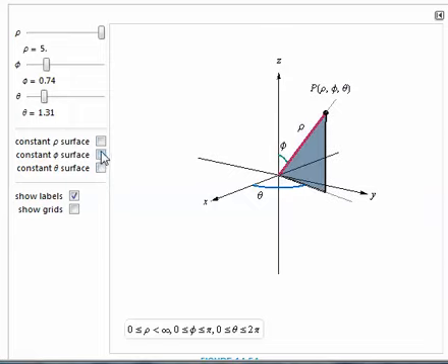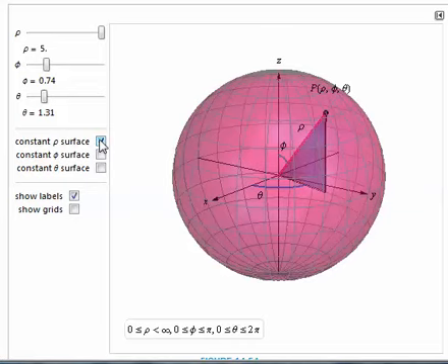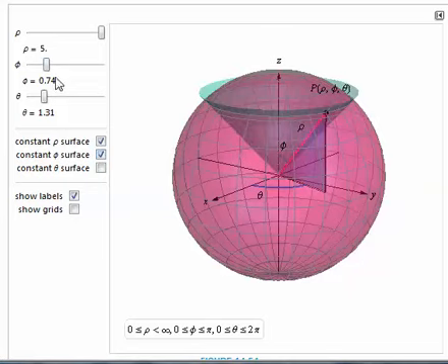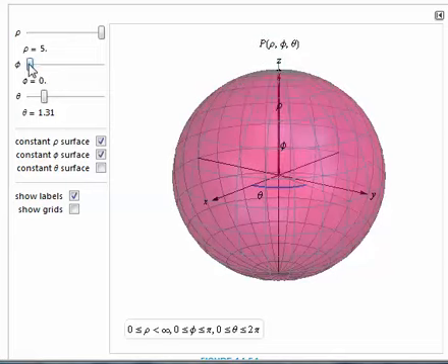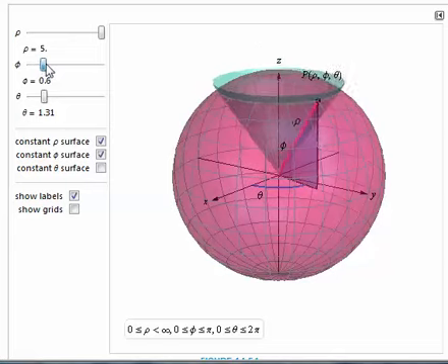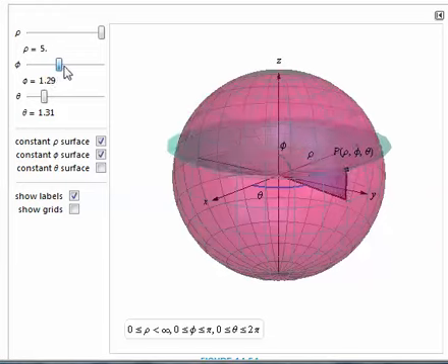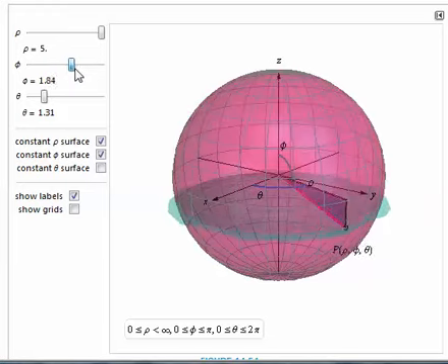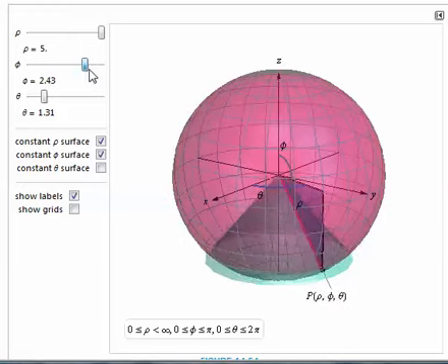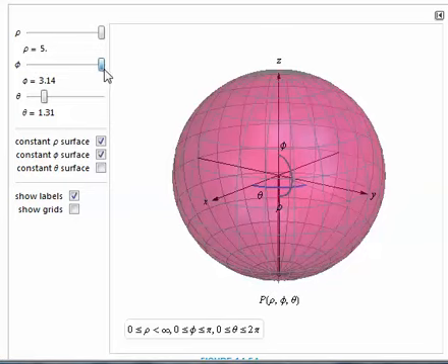All right, now what if I were to put my constant rho surface there and then superimpose my constant phi surface? Watch what happens as I move phi. Phi equals 0. Phi increases to pi over 2 and then keeps increasing to pi.